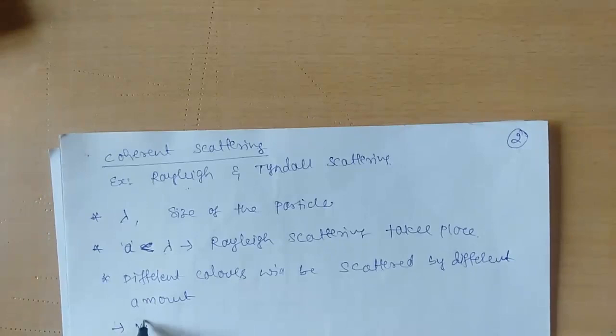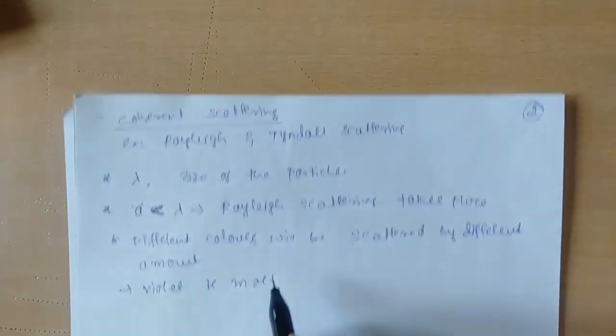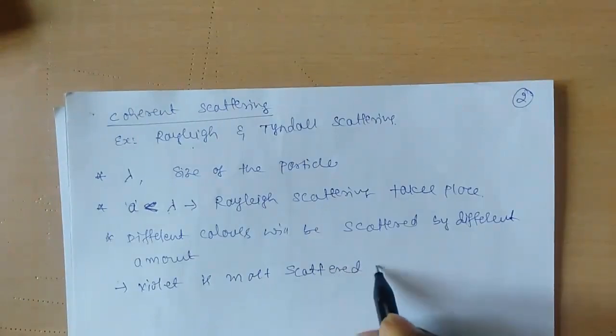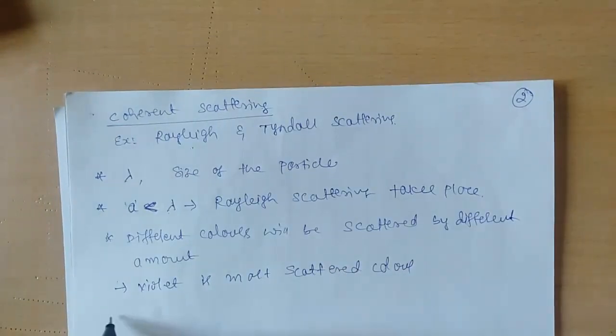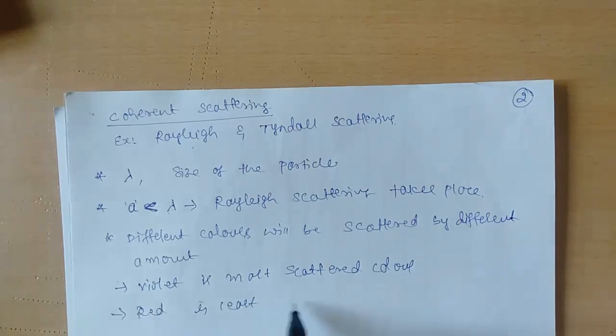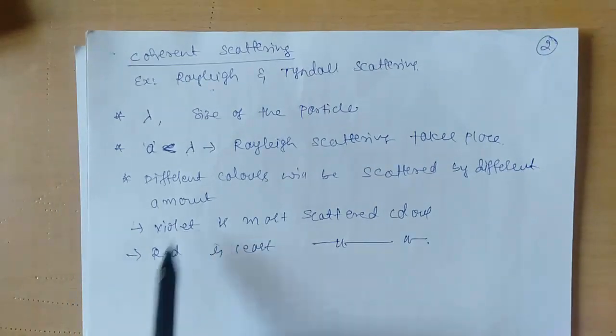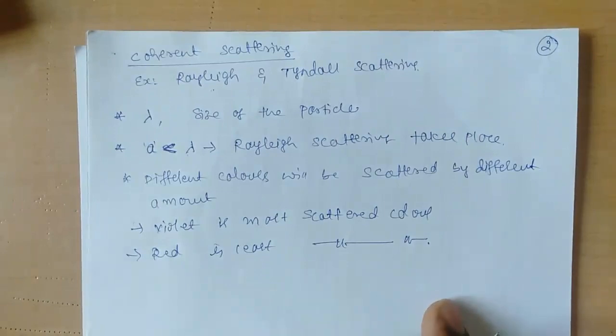Therefore, violet is the most scattered color, and red is the least scattered color. Remember students, in case of Rayleigh scattering, violet is the most scattered color and red is the least scattered color.